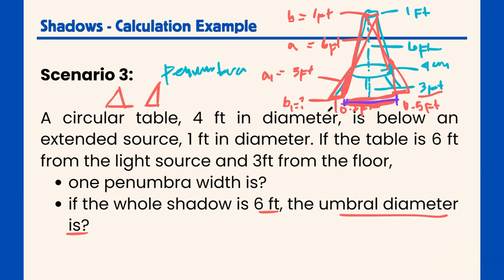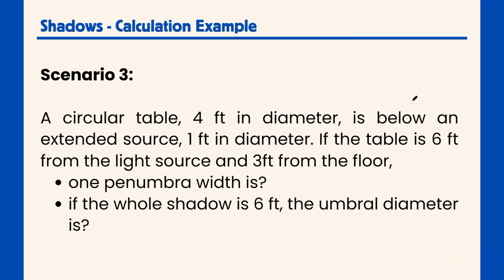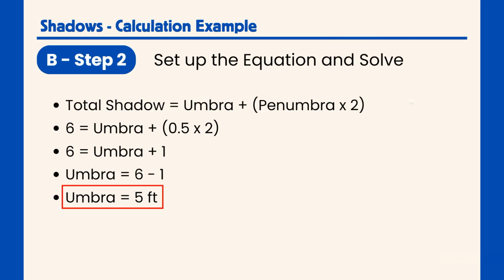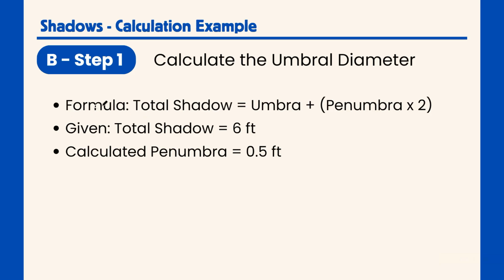If the whole shadow, which includes the penumbra, is 6 feet, we will compute for this umbral diameter. We simply subtract the two penumbras from the total shadow. This is the formula for our total shadow: total shadow is equal to umbra plus penumbra times 2.